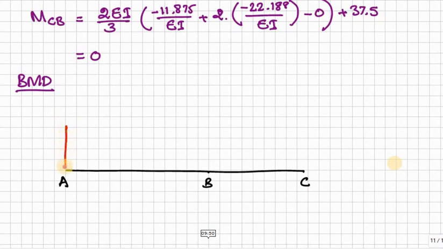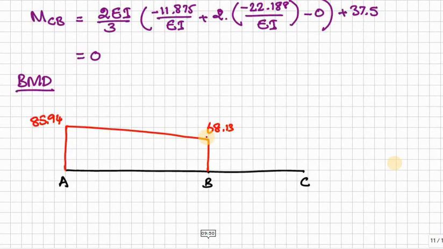then mark the bending moment at A, which is negative, therefore left side negative means up, 85.94. Then because we are in the AB span, for the AB span support A is at our left hand side and support B is at our right hand side.